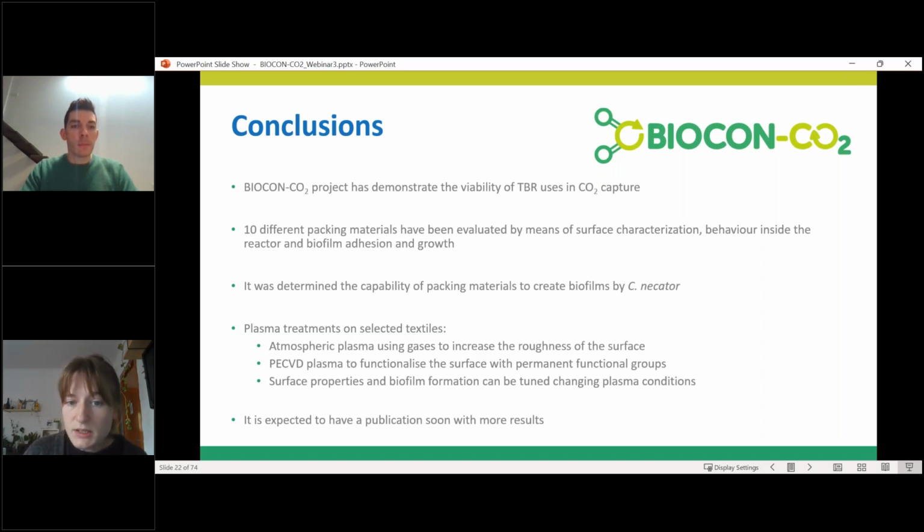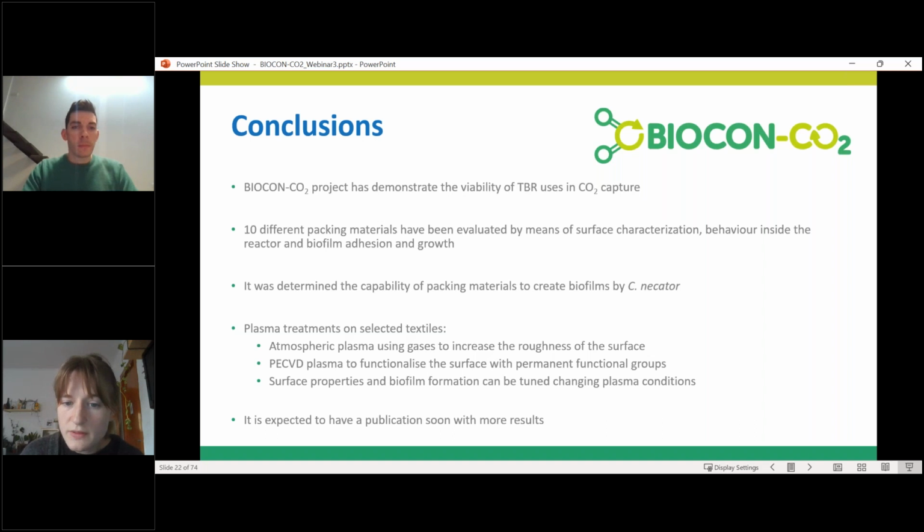As well, the capability of the packing materials to create biofilm by Cupriavidus necator was determined. And we also did some plasma treatments on the selected textile to see the effect of changing the properties on the surface on the bacterial growth.